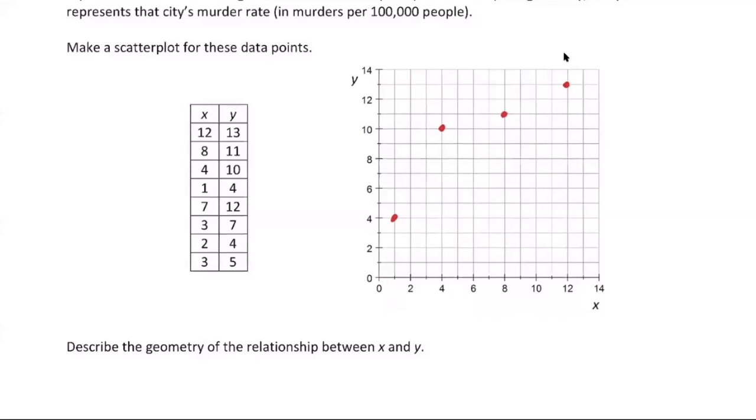Then the next one is 7, 12. Okay, and the next one is 3, 7. Then 2, 4, and finally 3, 5.